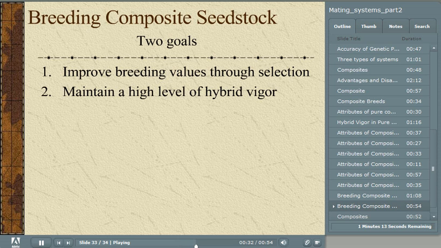Whereas in a seed stock operation your primary goal is just to improve breeding value, if you're a purebred Hereford or Angus breeder, a composite adds another level of complexity in that we want to maintain hybrid vigor. And we can do this once the composite is formed if we avoid inbreeding, because inbreeding will kill your heterosis, or reduce heterosis, very quickly.